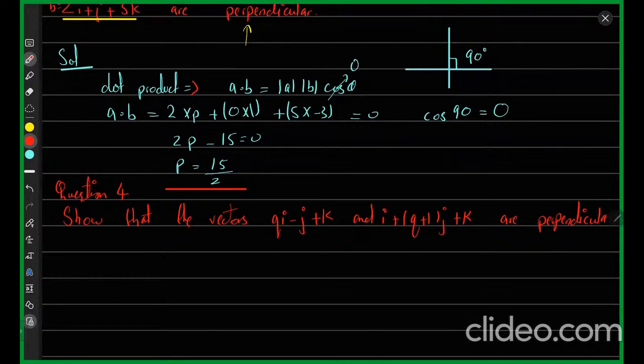Okay, so let's solve this. Now we need to prove that these two vectors are perpendicular.